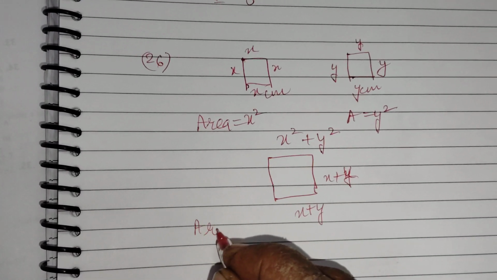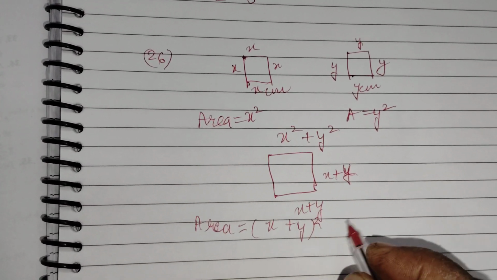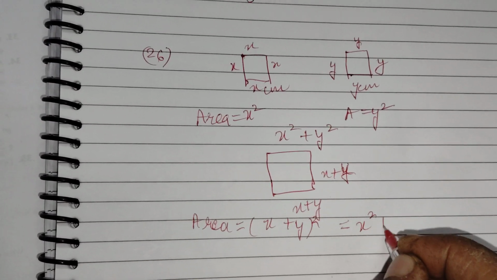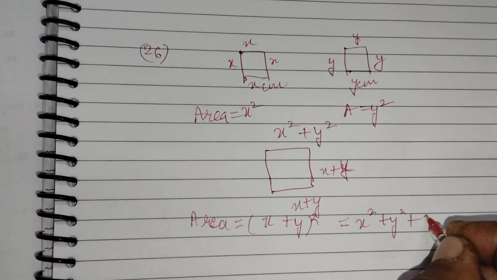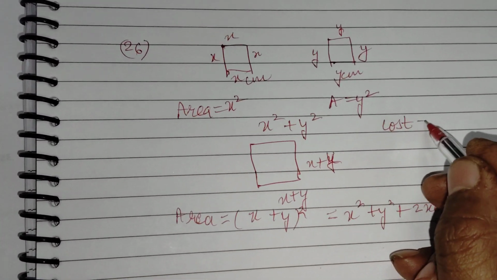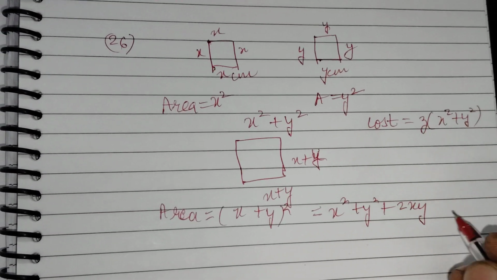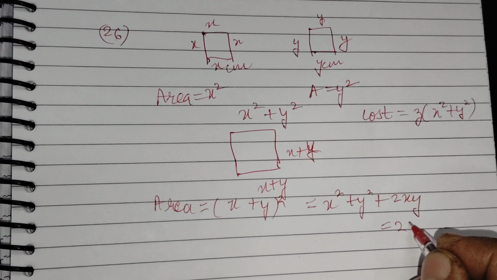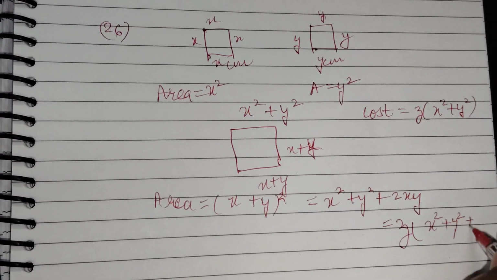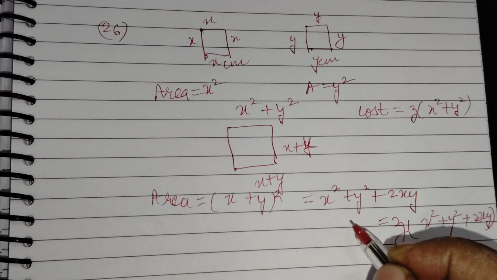Whole square means it gives us more area: x square plus y square plus 2xy. The cost for the first is z multiplied by x square plus y square. In the second, we multiply z with x square plus y square plus 2xy to find the cost.